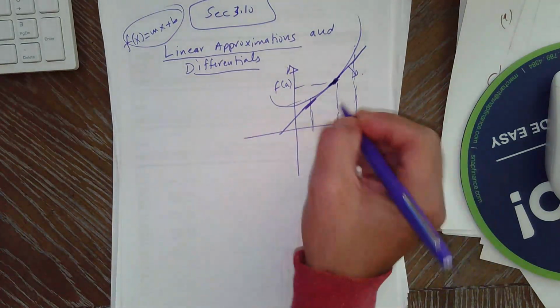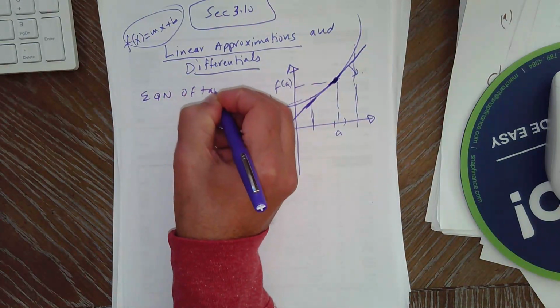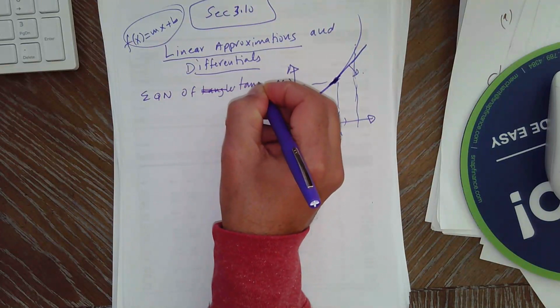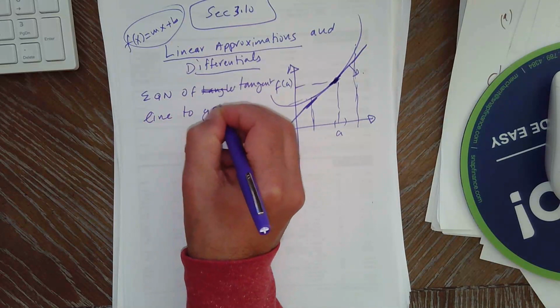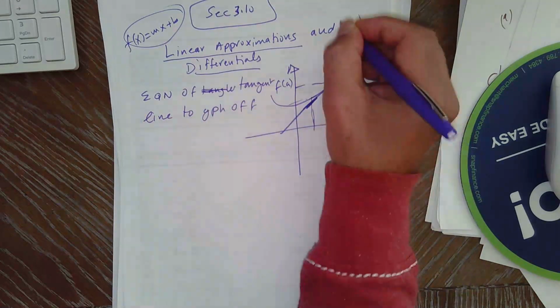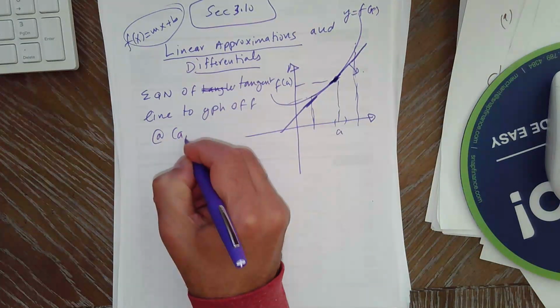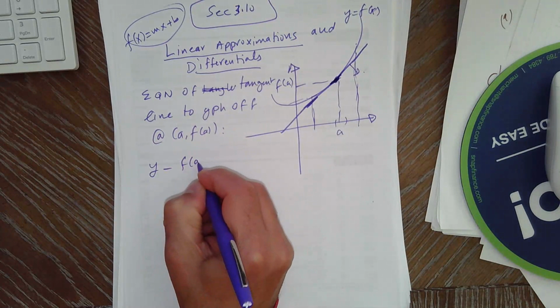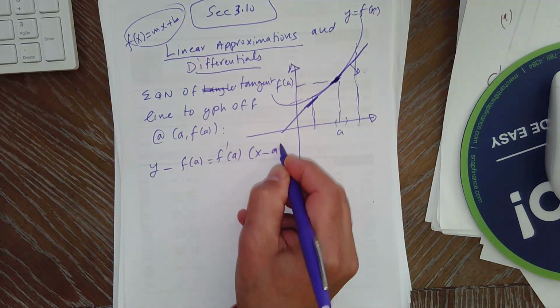So again, what's the equation of the tangent line as we know it? The tangent line to the graph of f at the point a, f of a: y minus y1 equals m, which is f prime at a, times x minus x1.